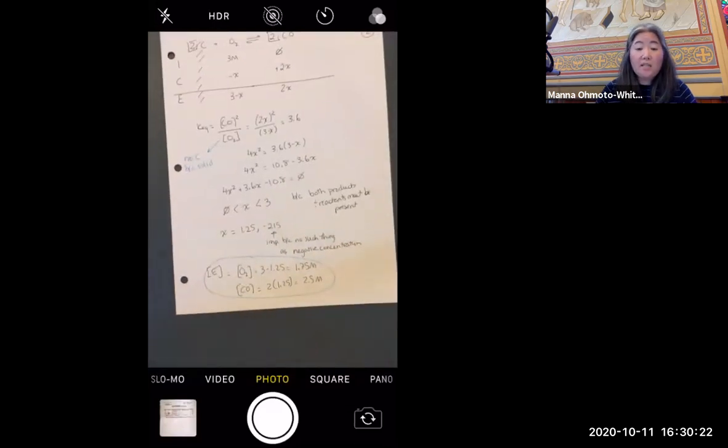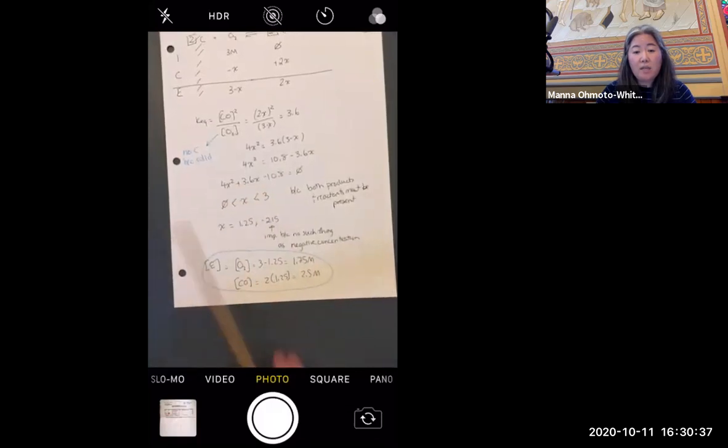When I plug this into the quadratic formula, because this is an X squared function, I should get 2 roots, mathematically speaking. But the parameters of X having to be between 0 and 3 help me choose which X value.